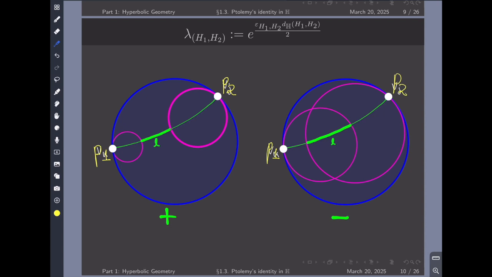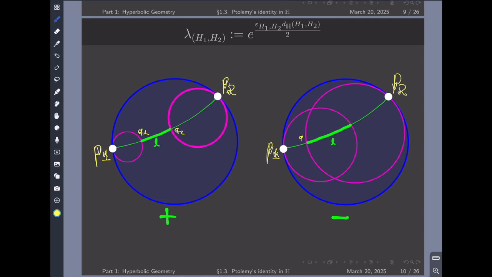This shortest curve crosses each of the horocycles, and the points of crossing are finite points, which I'm going to denote Q1 and Q2.